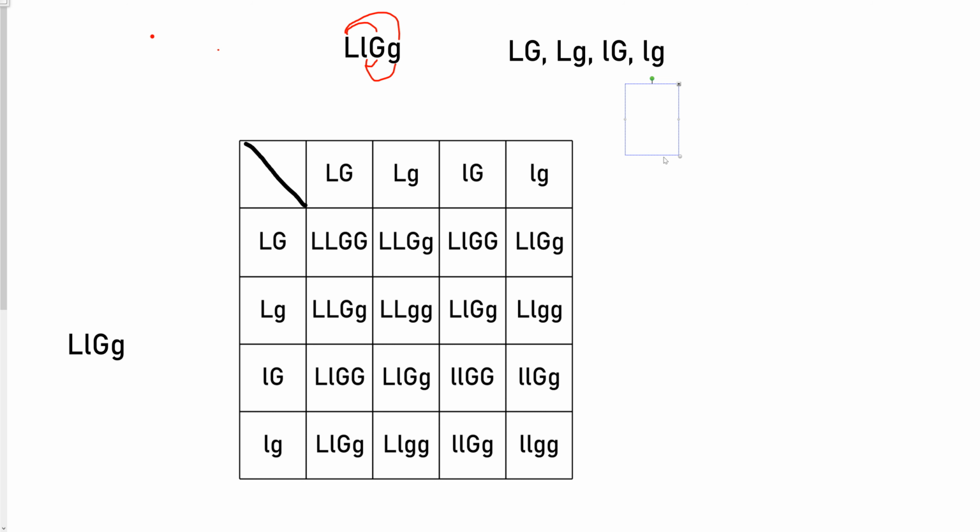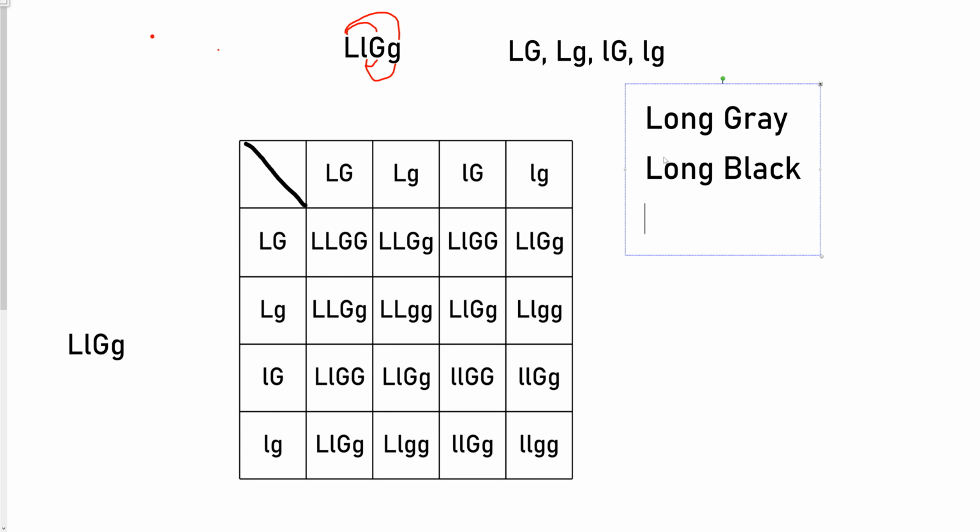One of them would be, well, they're right in the book, long gray. There's long gray, there's long black, there's short gray, and there's short black.